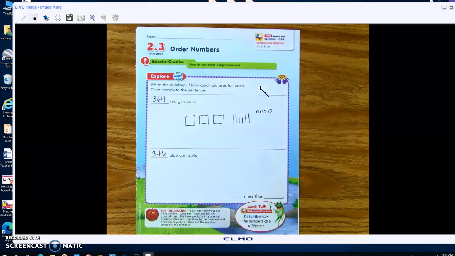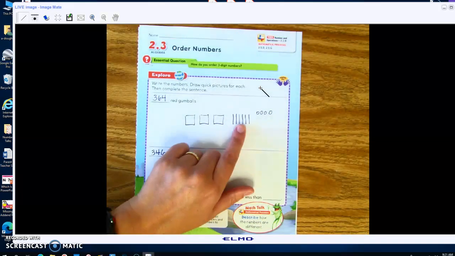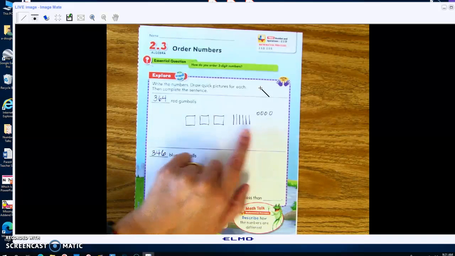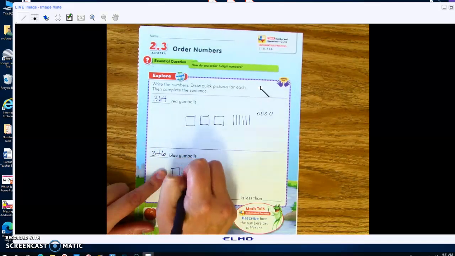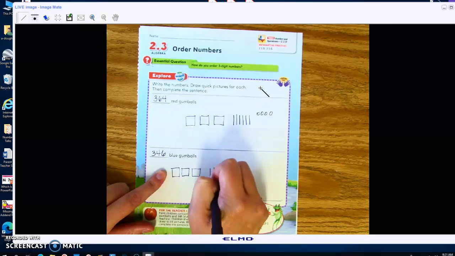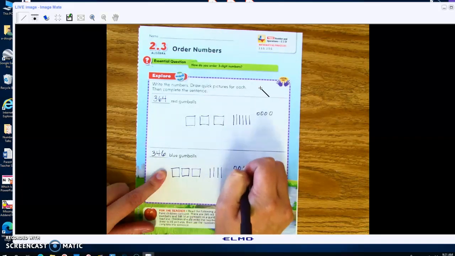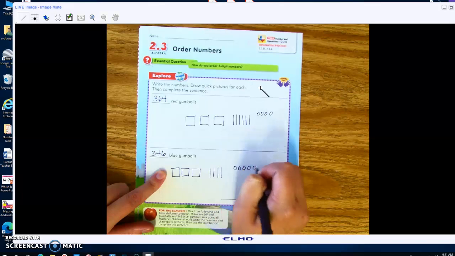Okay, so 364 is 3 hundreds, 6 tens, and 4 ones. 346 is 3 hundreds, 4 tens, and 6 ones.